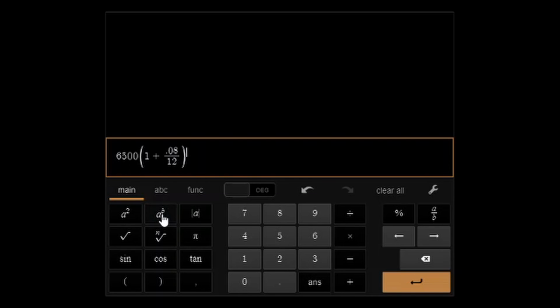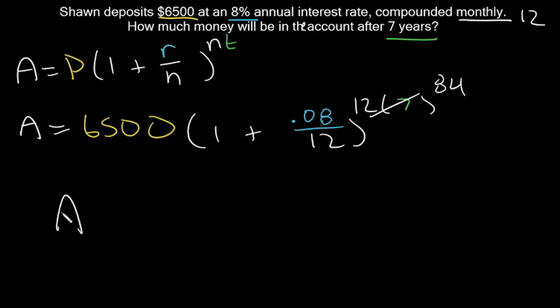And then we raise that to the 84th power. So our answer is going to be $11,358.24. So after 7 years, there will be $11,358.24.